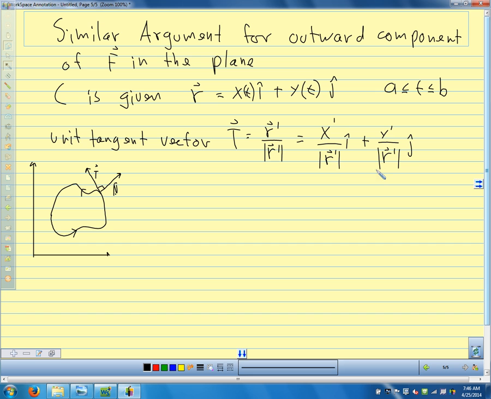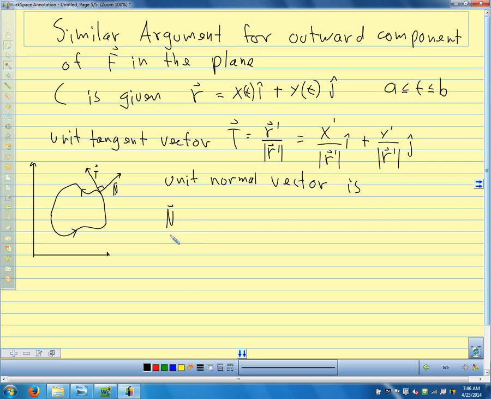So our unit normal vector is going to be given by n, and to make sure it points out, we need to change the correct sign.